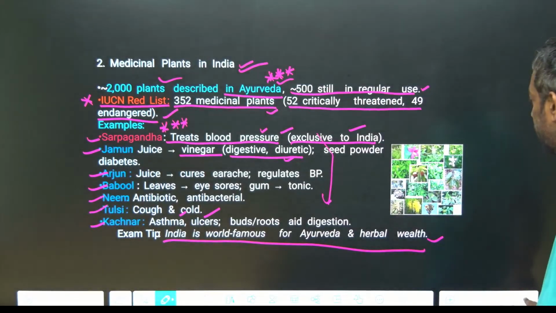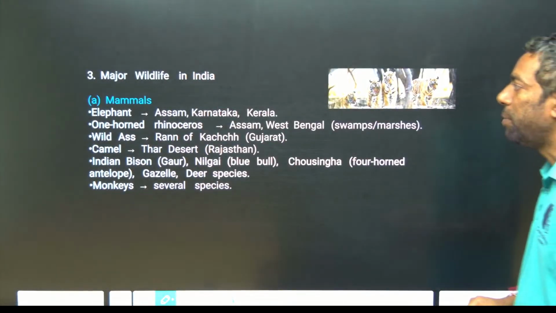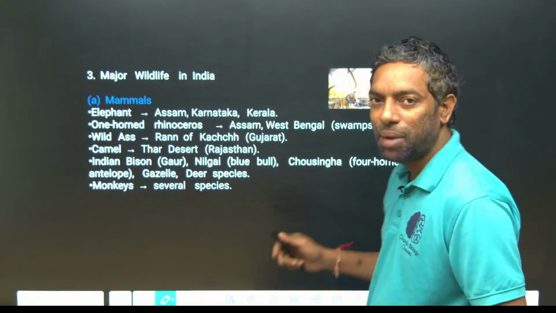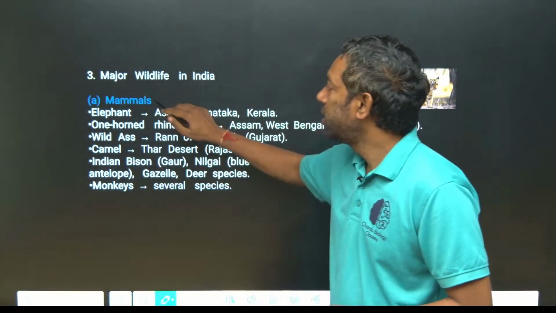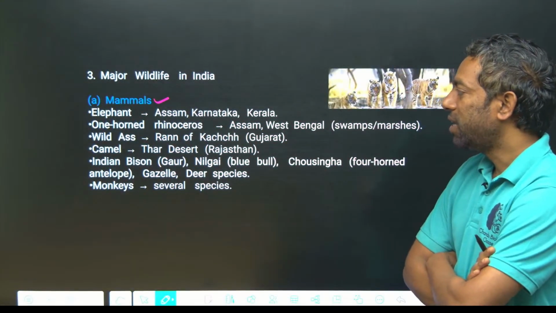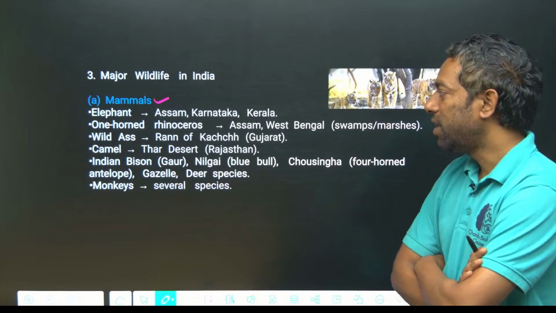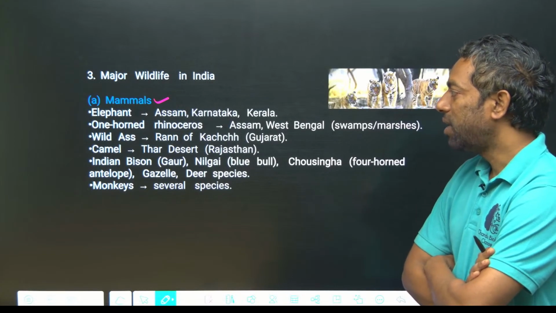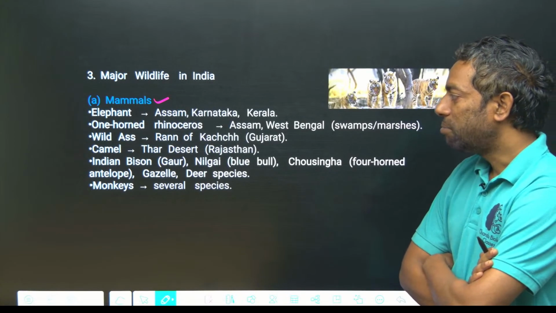Major wildlife in India: we know the Asian tiger is mostly observed in India. Among mammals, major wildlife in India includes elephant, one-horned rhino, wild ass, camel, Indian bison and monkeys.